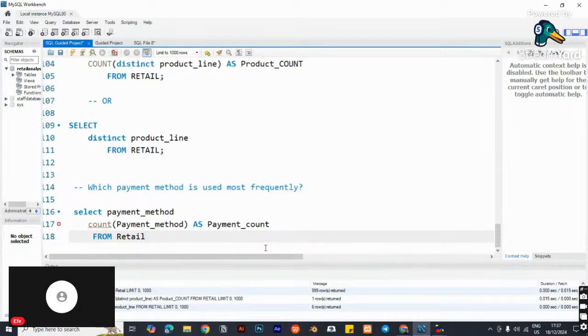So why is this showing me an error? Okay, I didn't put my comma here. This whole thing is a block of SQL statements, so I have to put my comma here. If we run this, let's see what it gives us.